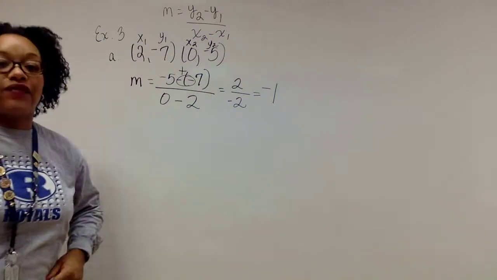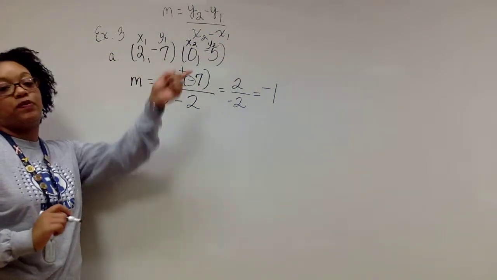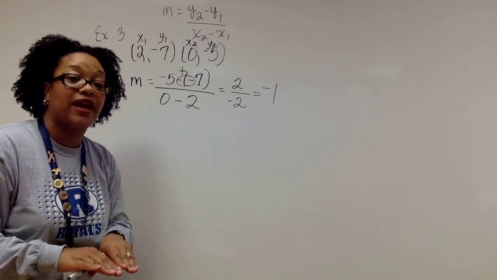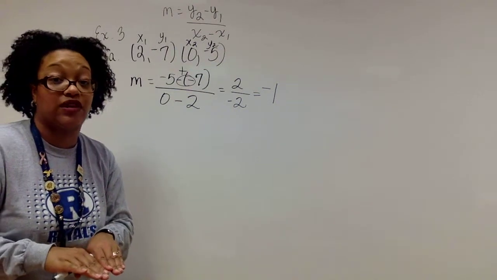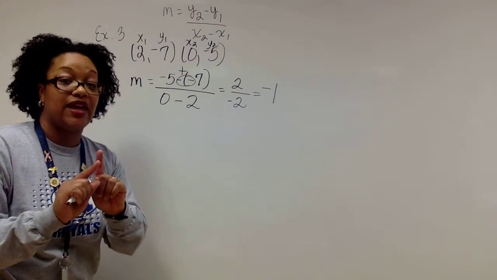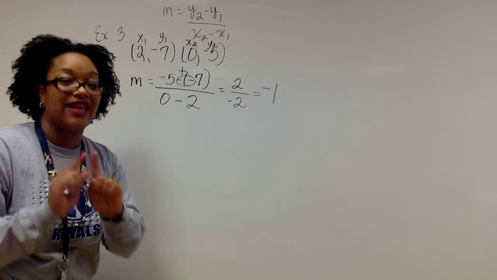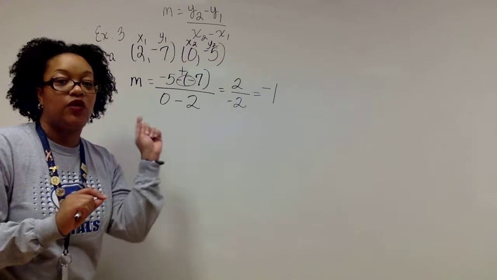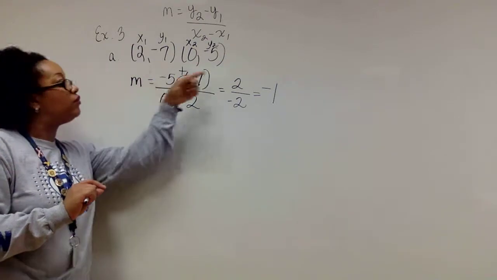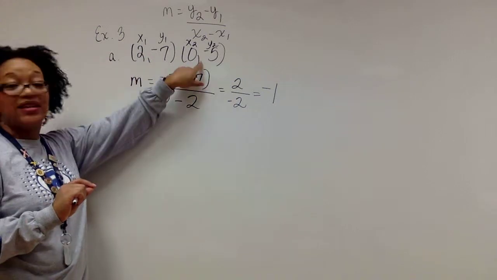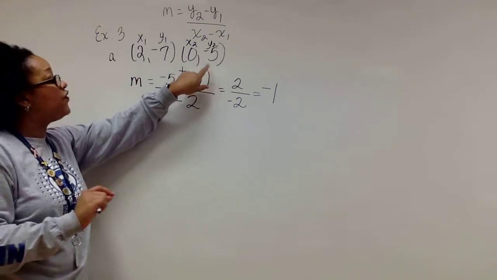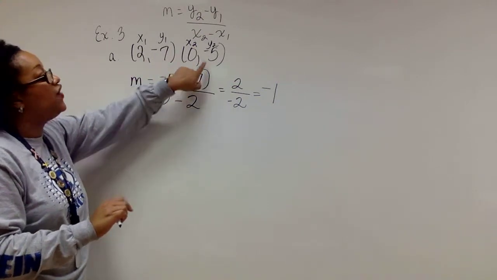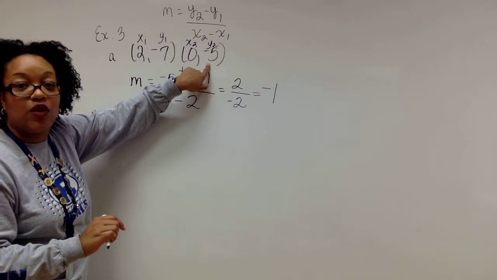The next thing that we have to do is identify which one of these points is your y-intercept. Now, if you wrote your notes down on the bottom of the front page, I told you how you would know which one is the y-intercept. It will be the point that has the 0 as your x coordinate. Which one of these has the 0 as the x coordinate? Did you say this one? I hope so. So if this is the point that has 0 as the x coordinate, then this is your value for b.